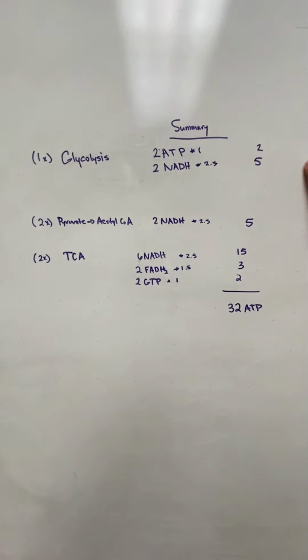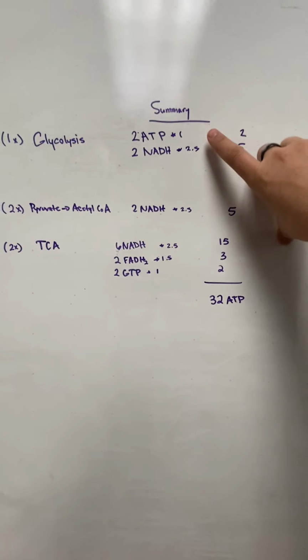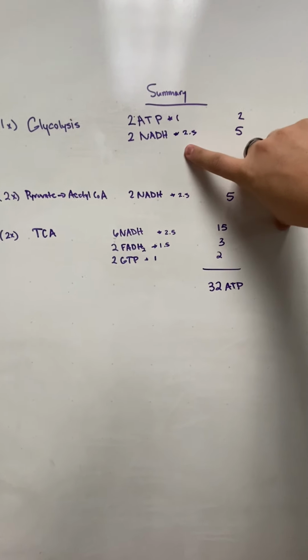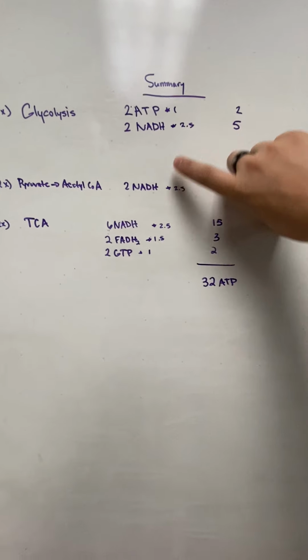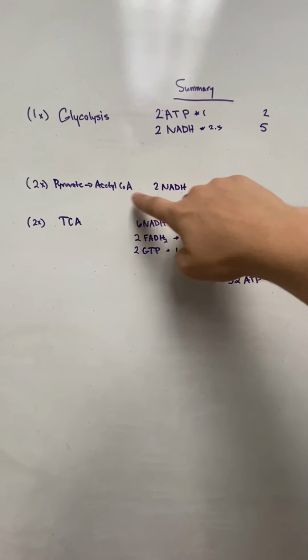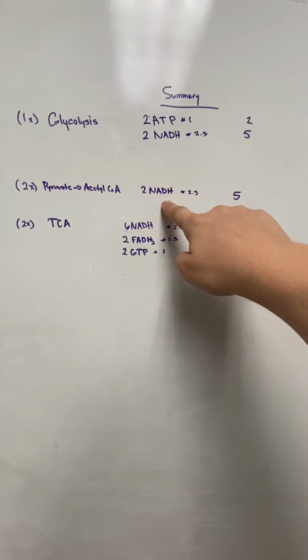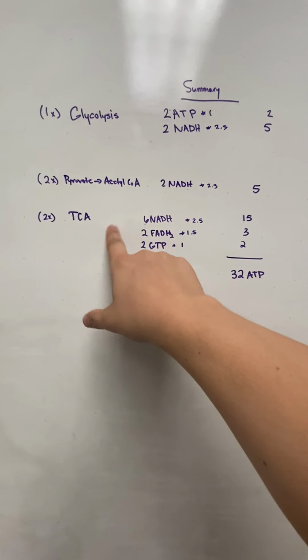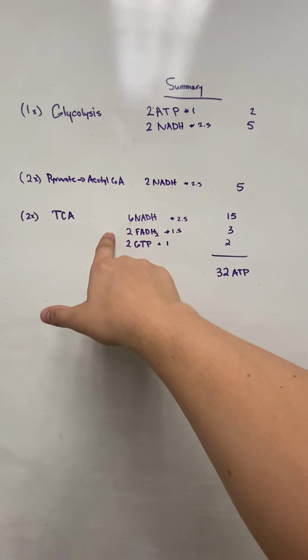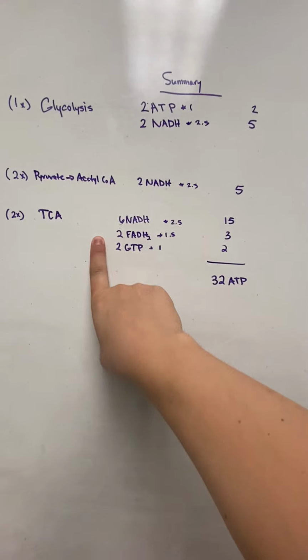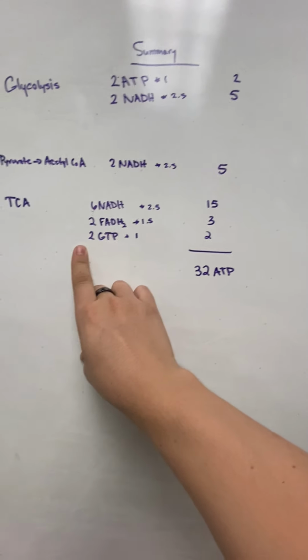Okay, so in summary, I'm going to hop over here. We have glycolysis. We get a net of 2 ATP and 2 NADHs. In the pyruvate to acetyl-CoA step, we get 2 NADHs. And then from TCA, we get 6 NADHs, 2 FADH2s, and 2 GTPs.